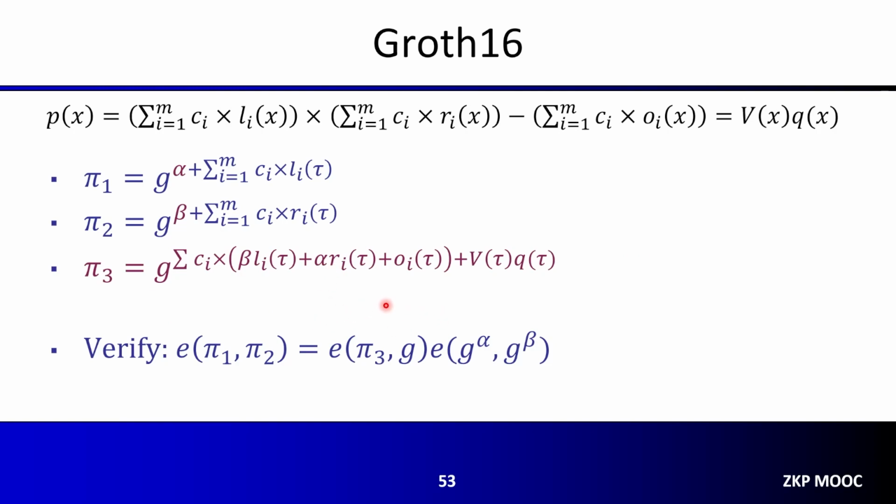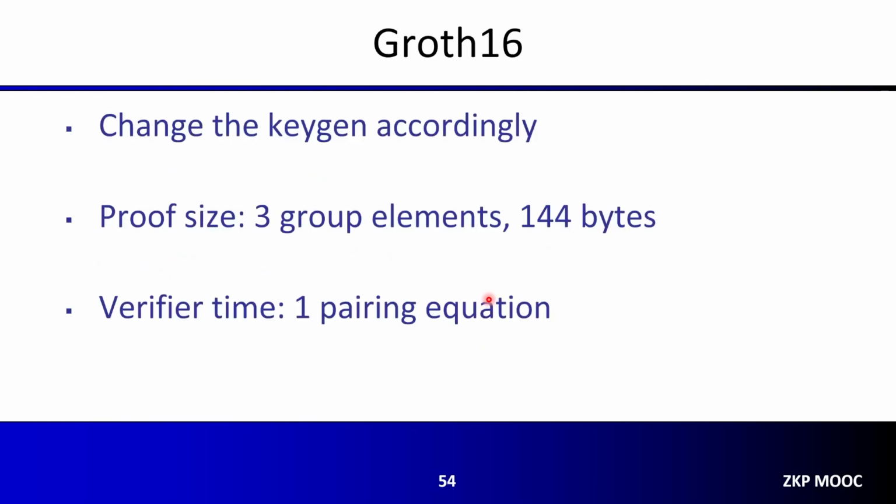So for the real algorithm you need to take into account the intermediate wires known only by the prover and also the public input and public output. You also need to ensure zero knowledge on top of that. So for the real protocol, please refer to the Groth 16 paper for details.